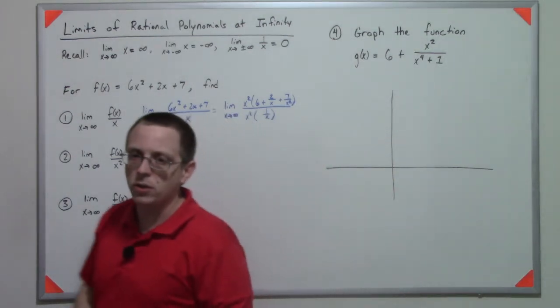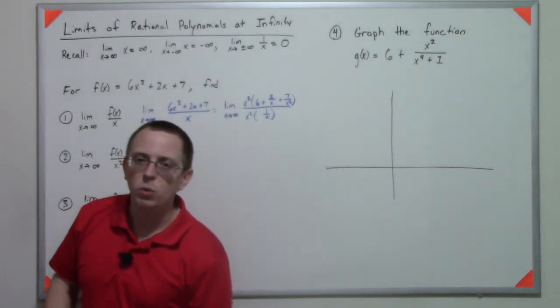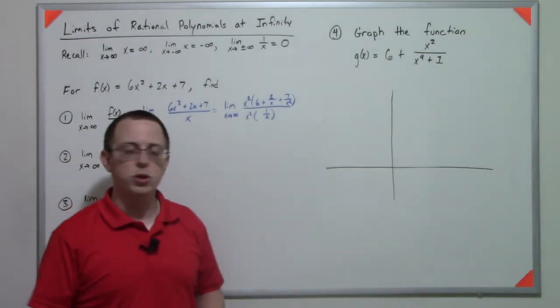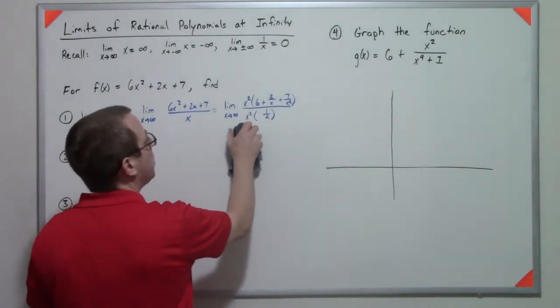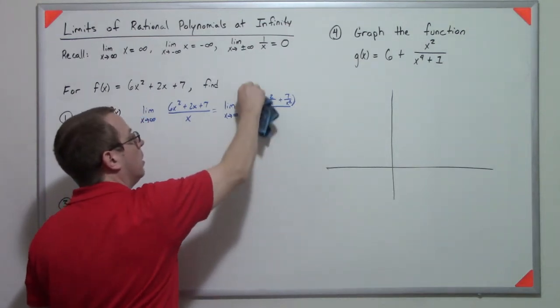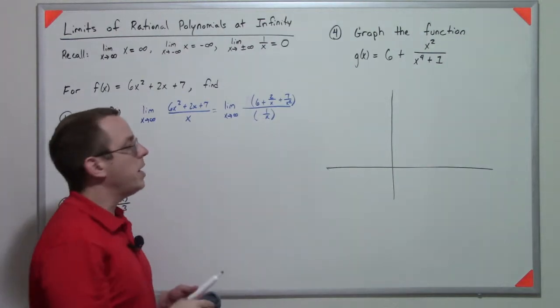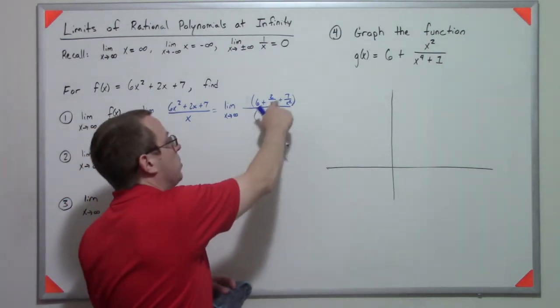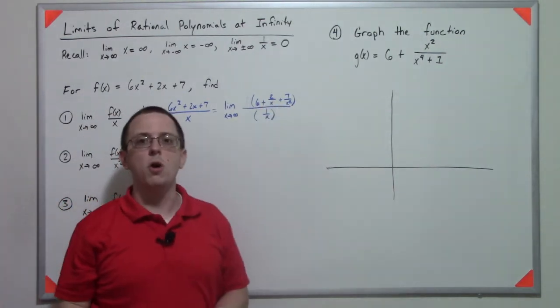That's how we would factor that. And the reason we always go by the largest one is that we can cancel, and what we really have is a 6 plus all these terms over x.